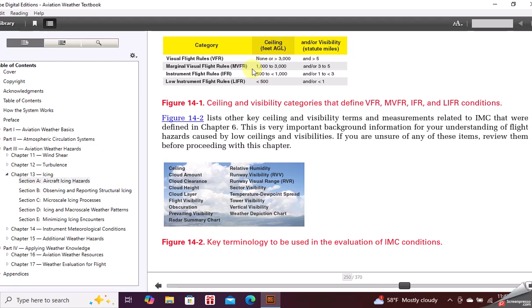Visual flight rules are ceilings greater than 3,000 feet. So if you have no ceiling, hey, no problem. However, instrument flight rules develop from 500 feet, so less than 1,000.